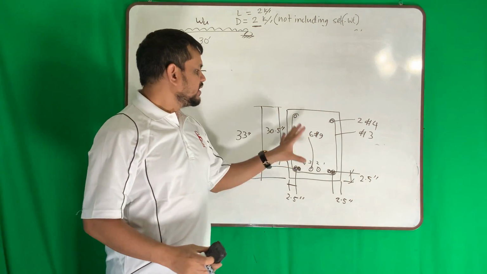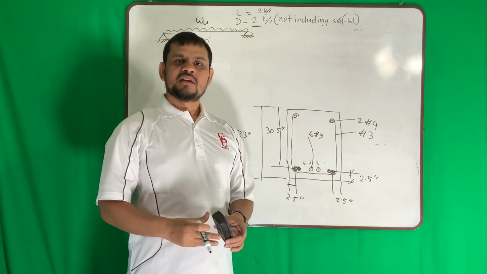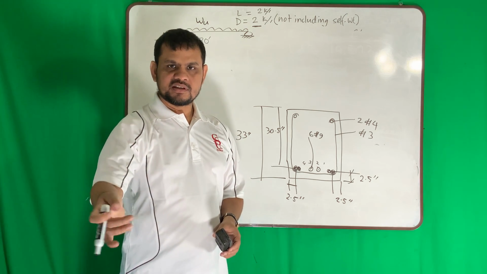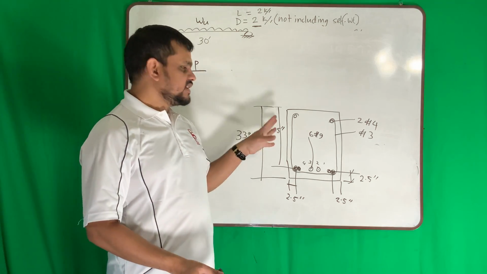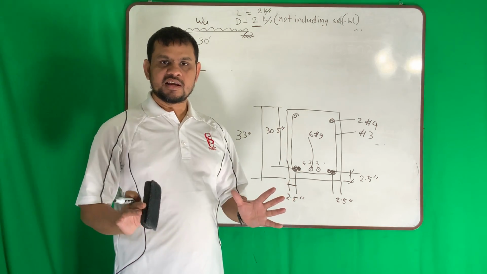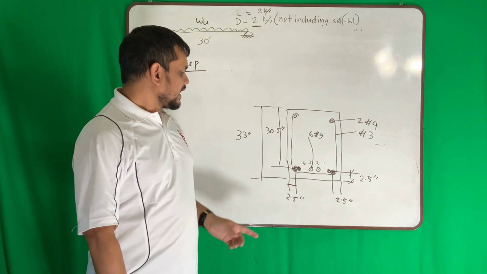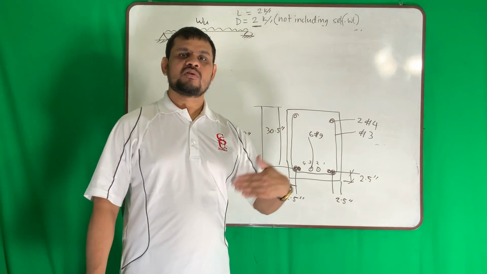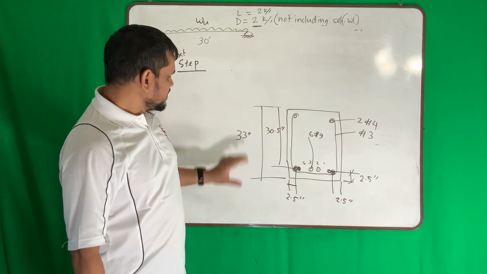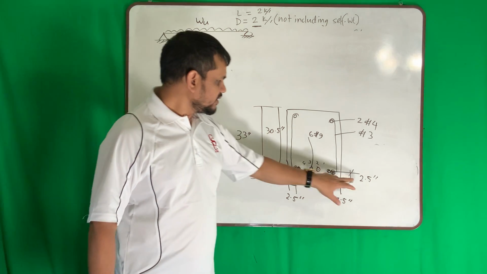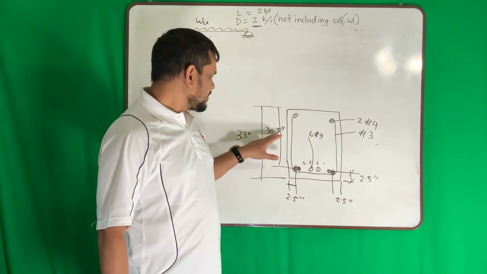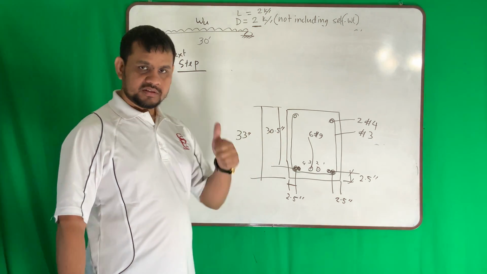Again, make sure who will read this design. Mostly the field engineer, site engineer, or even the labor. So this sketch should be very neat and clean, big, and every dimension should have a cross check. Cross check means you wrote here 33, it is 30.5, I wrote here 2.5. So these two, if I sum up, it becomes 33. So good.